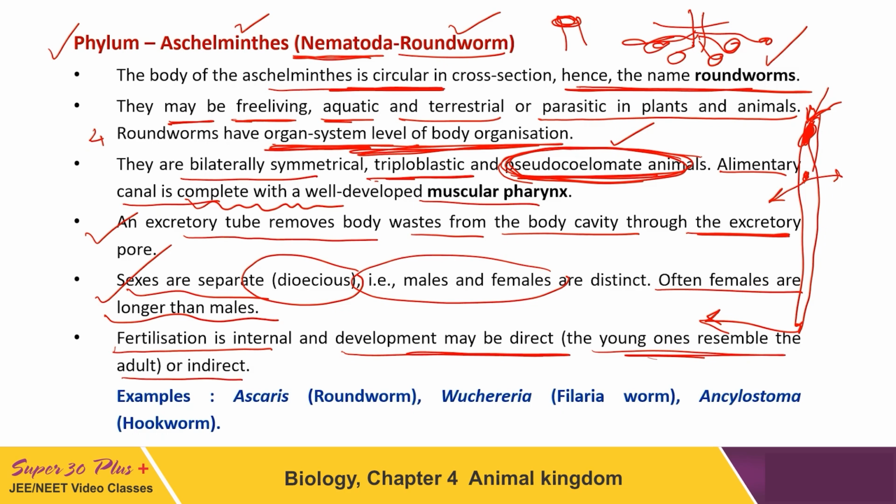Some important examples: Ascaris, found in our intestine, also known as roundworm. Wuchereria, this is very, very harmful, very dangerous, also known as filaria worm. When this is inside the body, what happens?